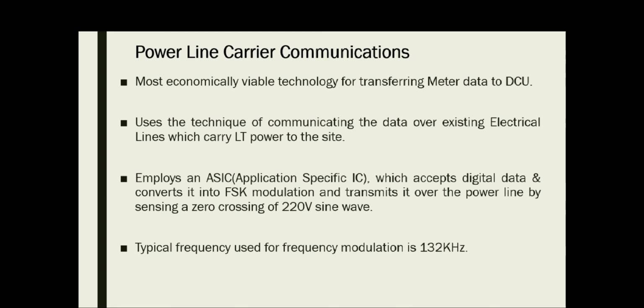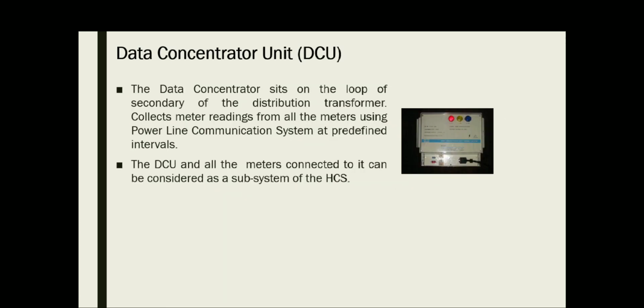It uses the technique of communicating data over existing electrical lines which carry low tension power to the site. It employs an application specific IC which accepts the digital data and converts it into frequency shift keying modulation and transmits it over the power line by sensing a zero crossing of the 220 volt sine wave. The typical frequency used for frequency modulation is 132 kilohertz.